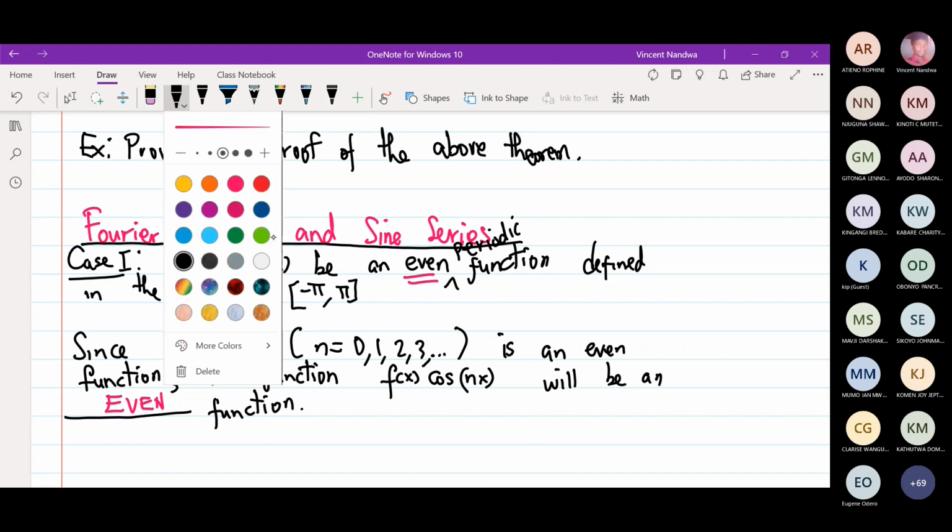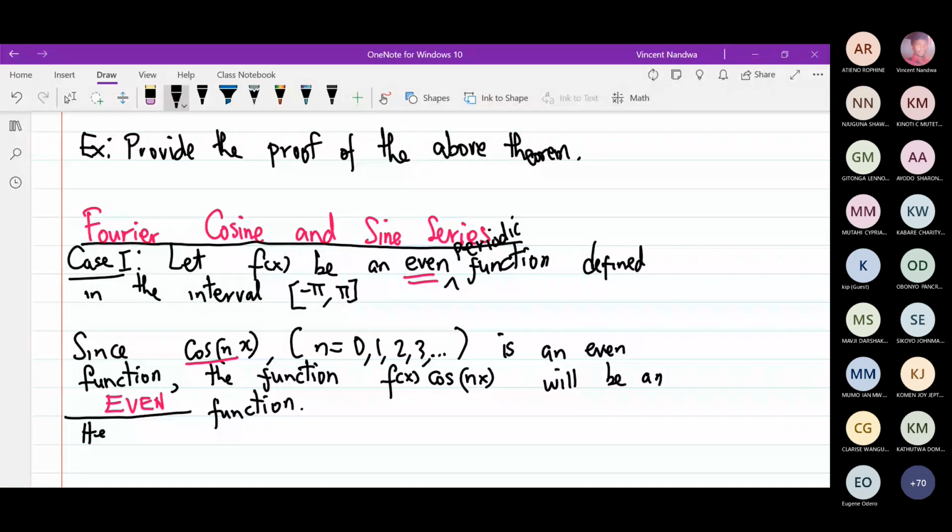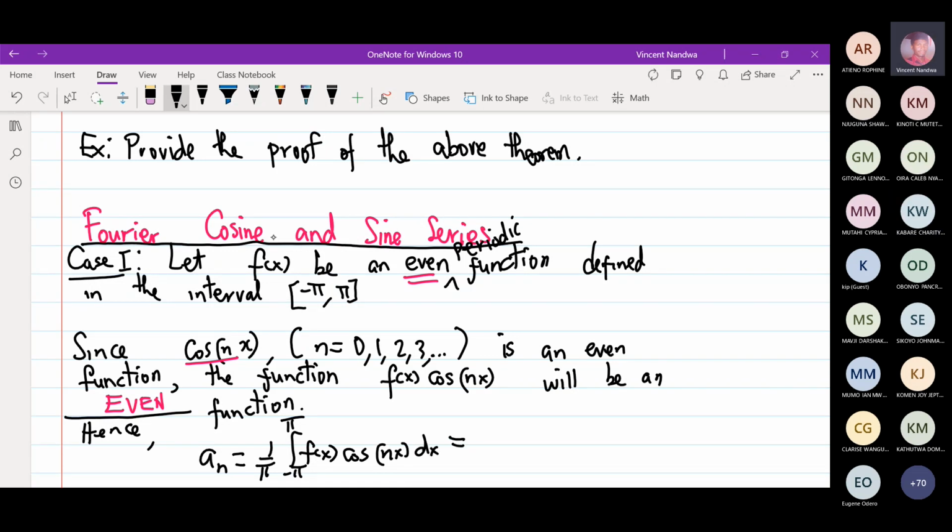So hence, a_n, which is given by 1 over pi, integral from minus pi to pi of f of x cosine of nx dx, will be the same as twice the integral from 0 to pi of f of x cosine of nx dx.